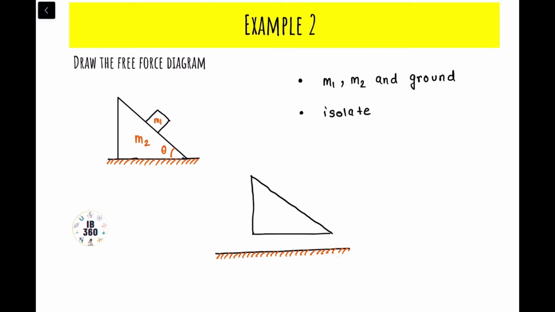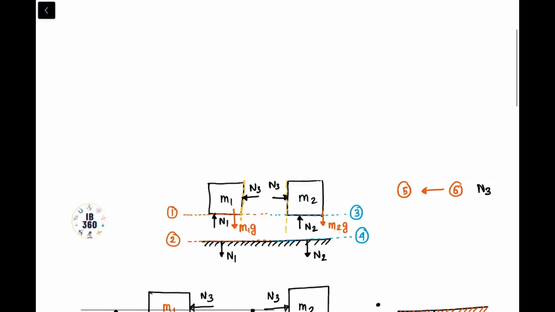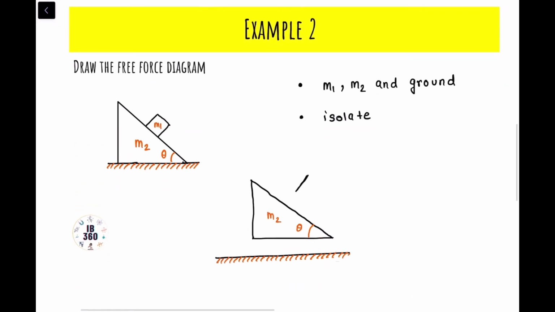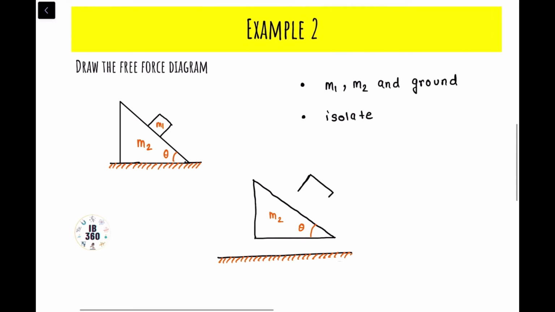The mass of the wedge is m2, inclination is theta, and over the wedge in this manner is our block of mass m1. So now we have successfully isolated the bodies.